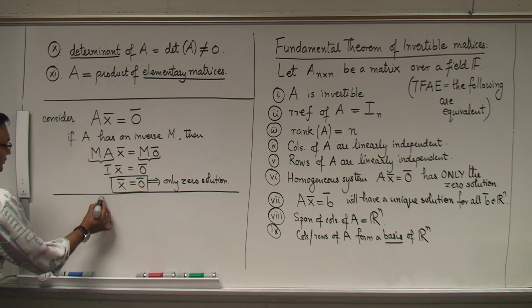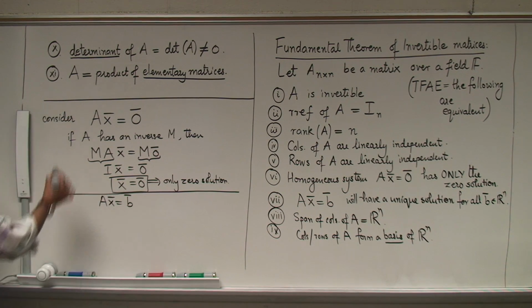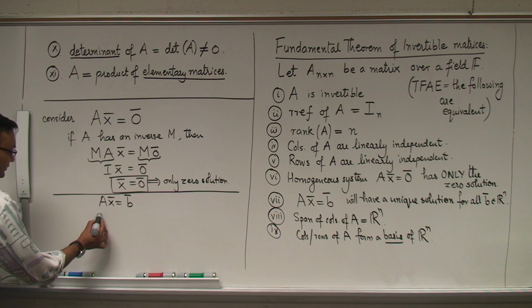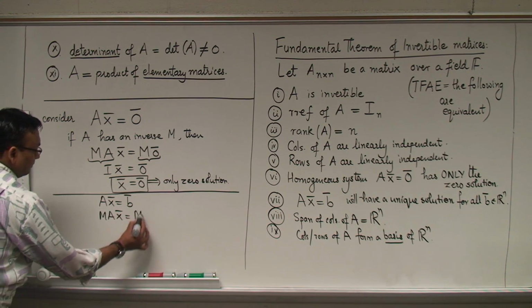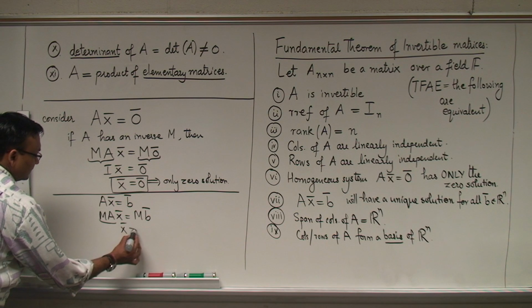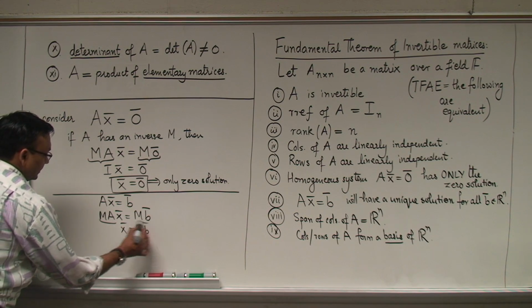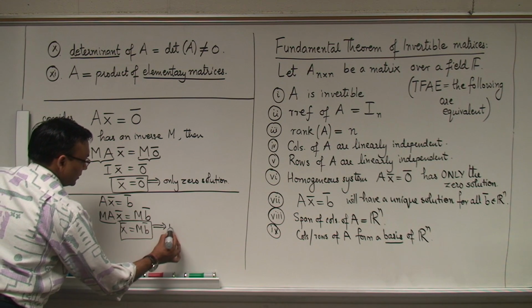Again, we are trying to solve the system Ax is equal to B. I'm assuming A has an inverse. So again, I will multiply both the sides by M. This becomes identity, so I can say x is M times B. And this is going to be the unique solution.